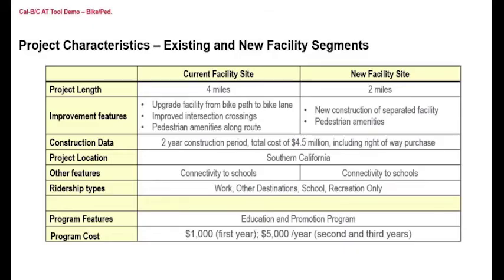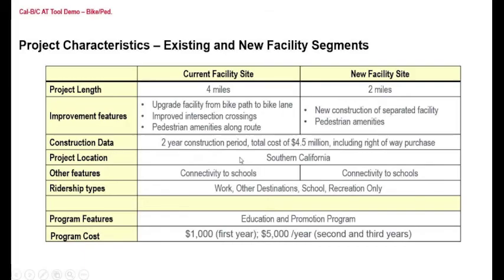The additional facility, as we go to those additional 2 miles, is not going to be a bike lane. It's actually going to be a separated facility. I mean, this is a Class 1 facility that's off the roadway. And both the upgrades we're doing to the current facility plus the new extension of the trail is going to include some pedestrian amenities, which we think will attract pedestrians.